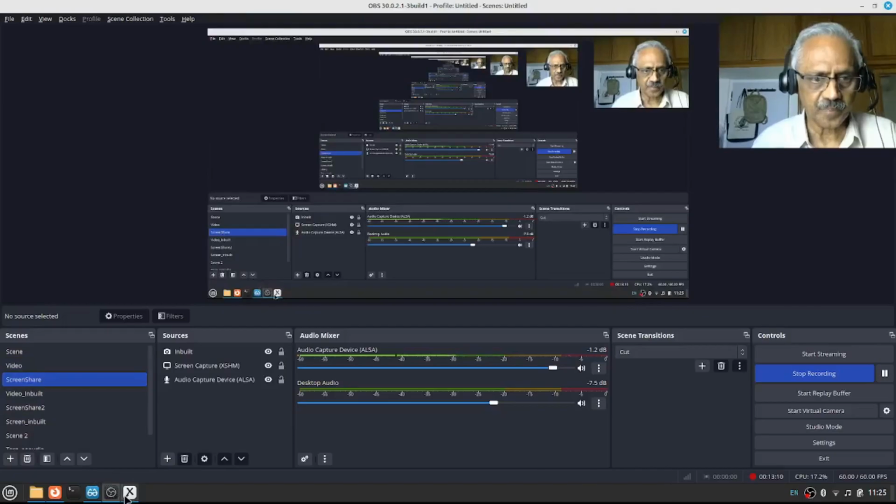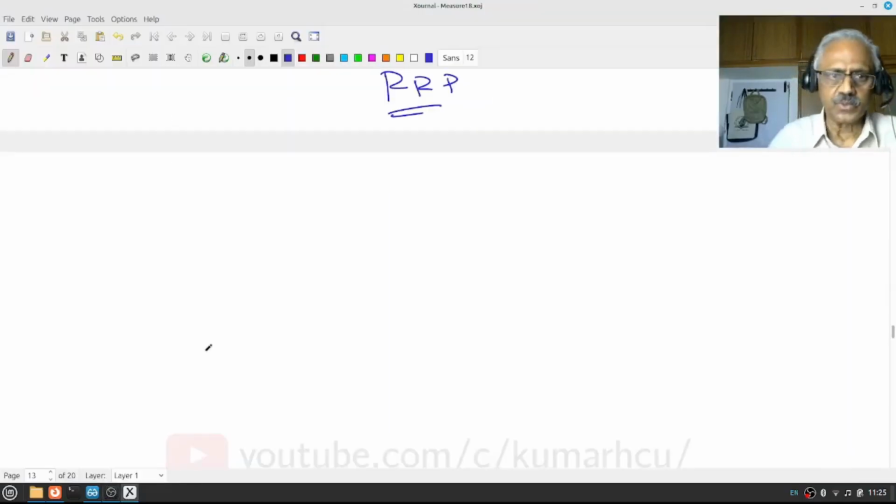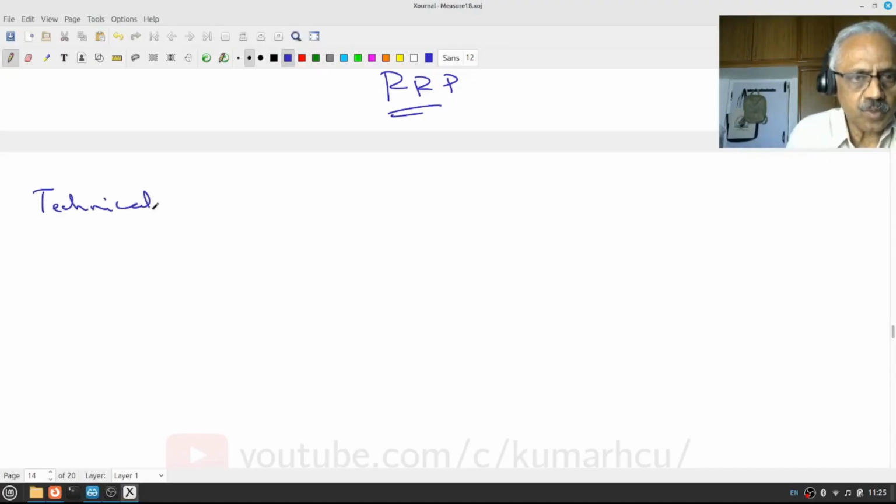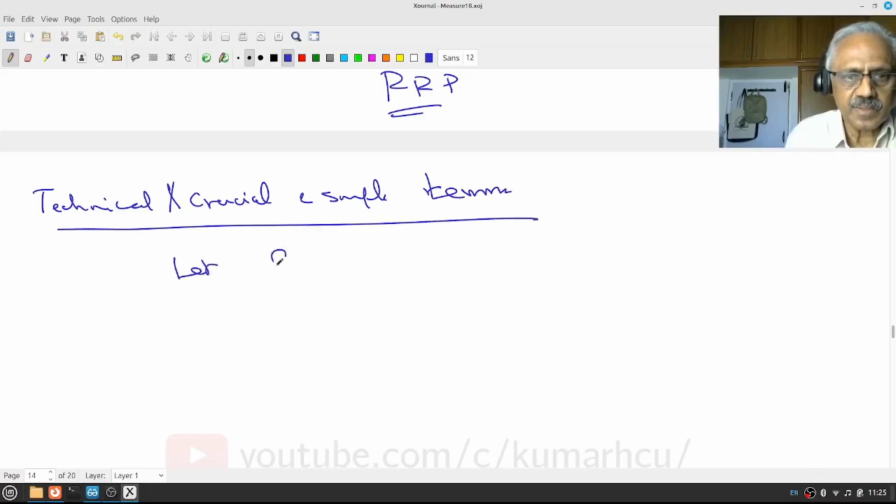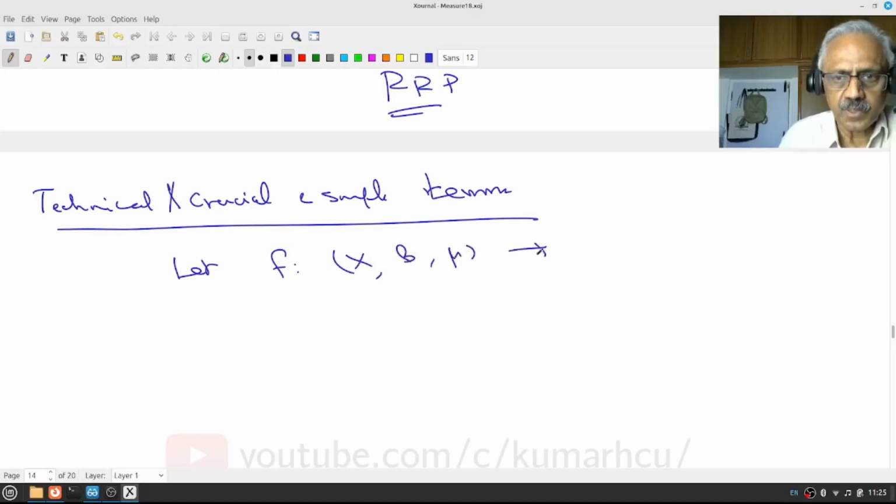Okay, I'll explain that. We will formulate it as a trivial lemma, very crucial. This is a very technical, easy lemma. Technical and crucial. It's not trivial, but a simple lemma. What does it say? Let f from X with measure mu to [0, infinity) be simple.